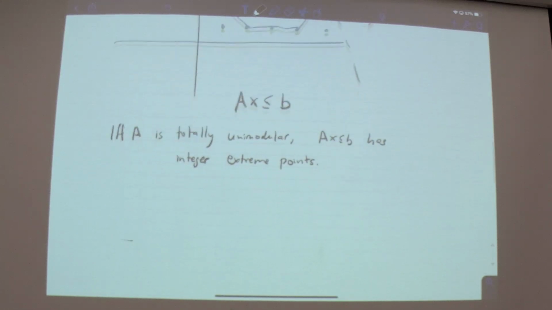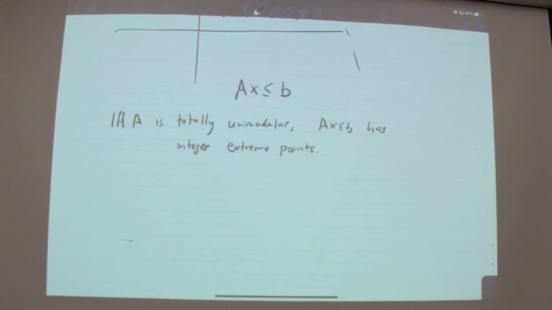I will say that one version of this property is that every subdeterminant is either 0, +1, or -1. So if you take matrix A, take any square submatrix of any kind and look at its determinant.